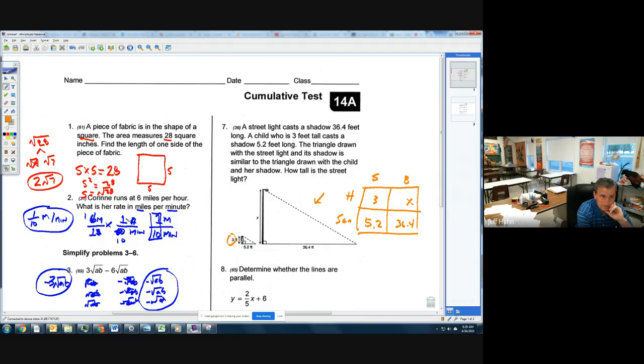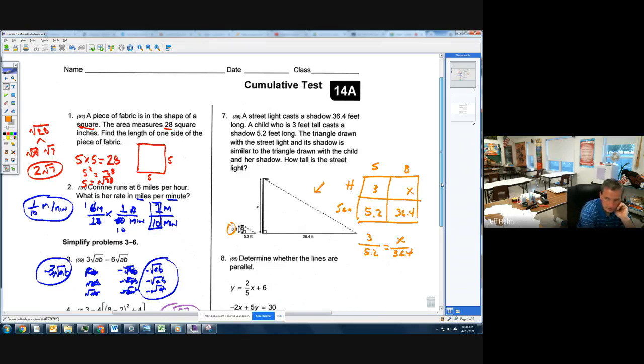You gotta like this. This is your equal fractions. I'll do it down here. So it's 3 over 5.2 equals x over 36.4. I suppose this calls for cross-canceling.